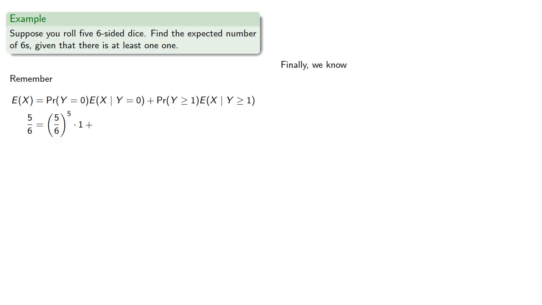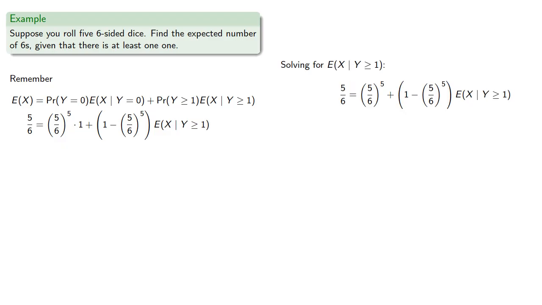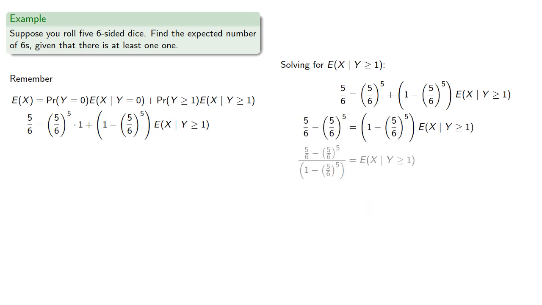Finally, we know the probability that y is greater than or equal to 1 will be. And now we can solve for the expected value of x, given that y is greater than or equal to 1, which will be. And it's the same number we got before, which is a good sign.